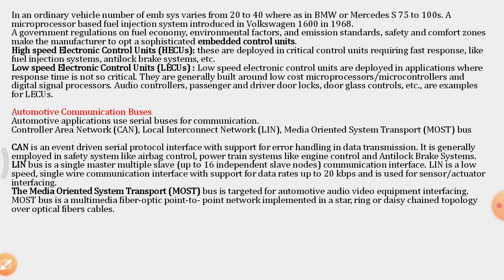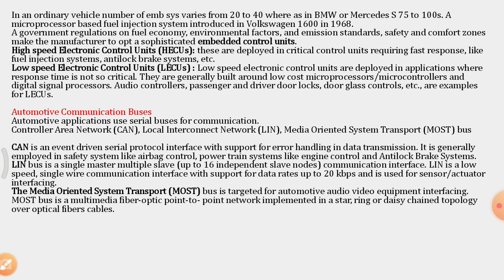So CAN is used in such embedded systems for data transmission and error handling. The LIN bus, Local Interconnect Network bus, is a single master, multiple slave bus, where up to 16 independent slave nodes can be communicated with and interfaced. It is a low speed, single wire communication with support for data rates up to 20 kbps only, and it is used basically for sensor and actuator interfacing.